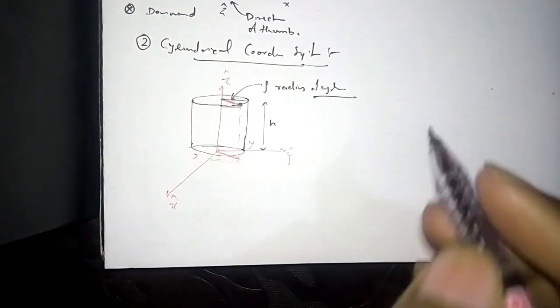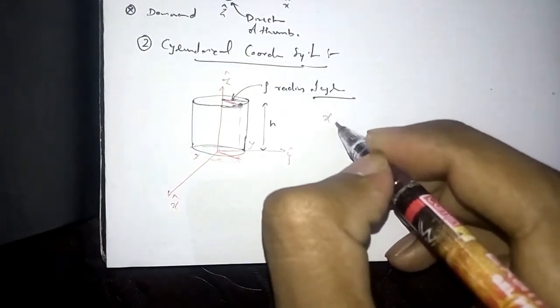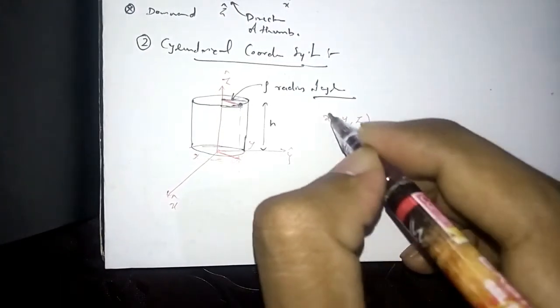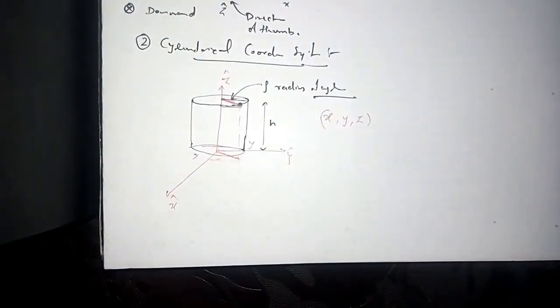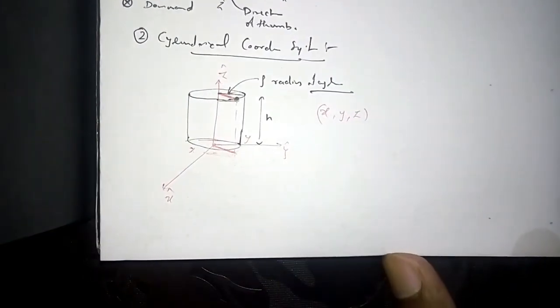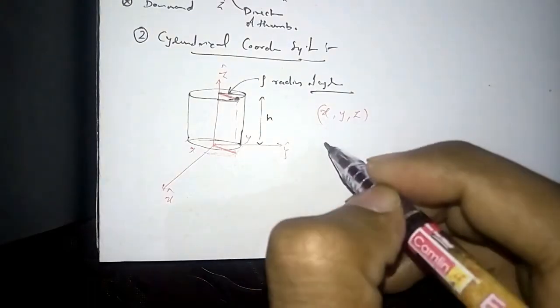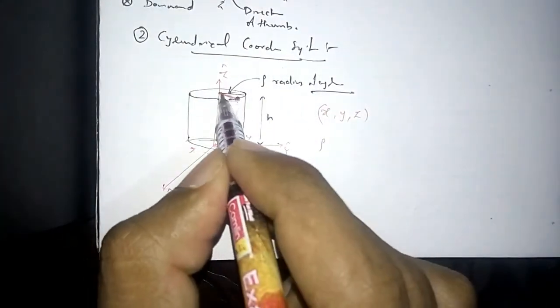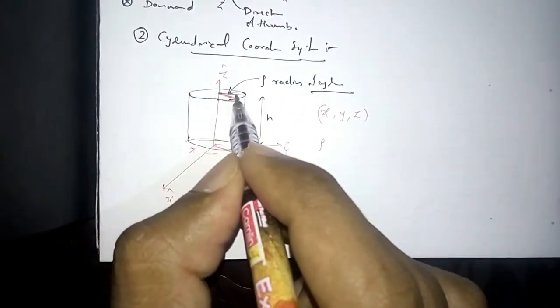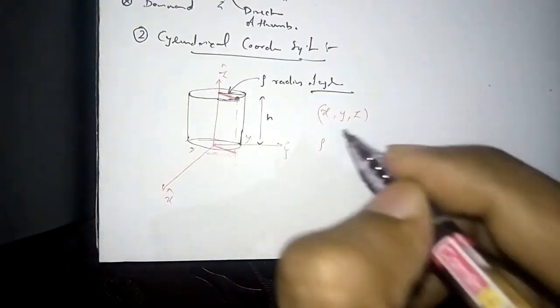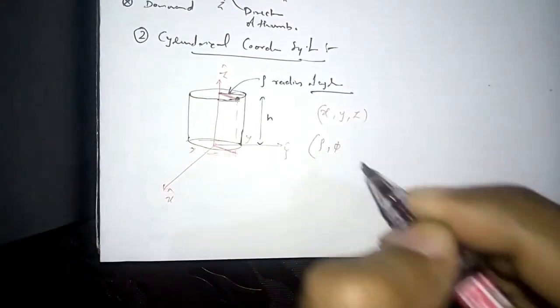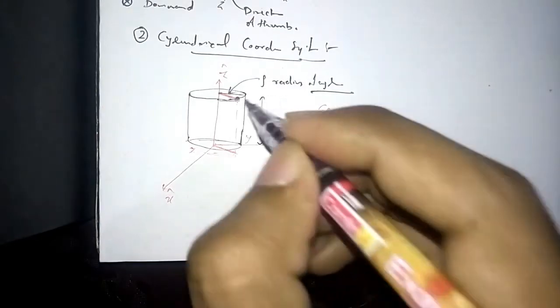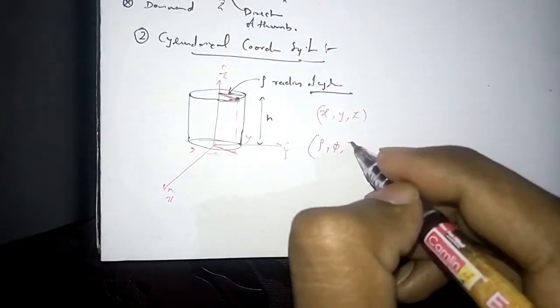In Cartesian coordinate we represent it as XYZ, but in cylindrical coordinate we will represent it like R, which is this length, the radius of the cylinder, then phi, and Z, which is the height of the cylinder.